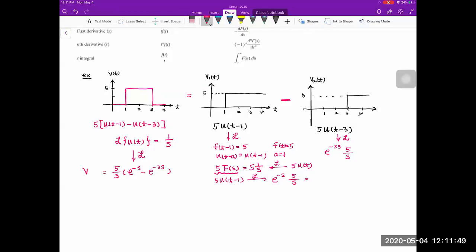And we represent this as V sub s, which is in the s domain, where you do a Laplace transform of this graph. And this is the Laplace transform of that. Okay. Any question about this part?